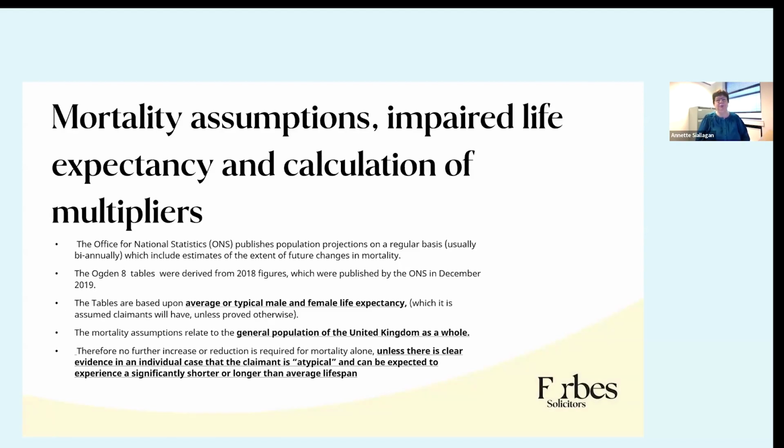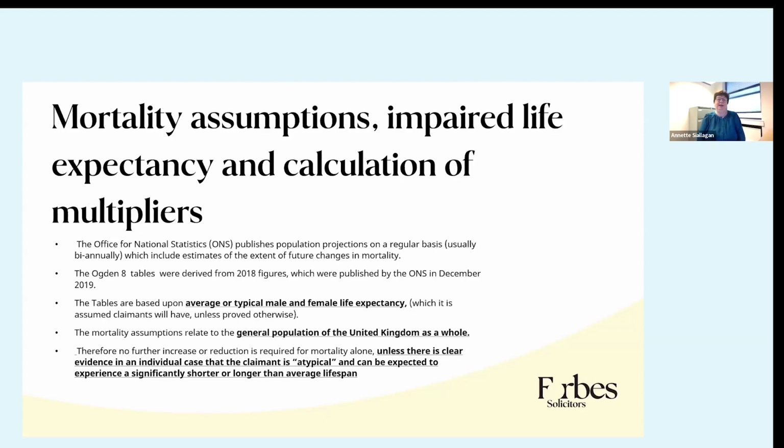I just want to touch briefly on mortality assumptions. So the tables that we've got, the mortality assumptions, are actually based on figures from 2018. So it's strange that we're now 6 years down the line. They're also based on an average typical male and female life expectancy.